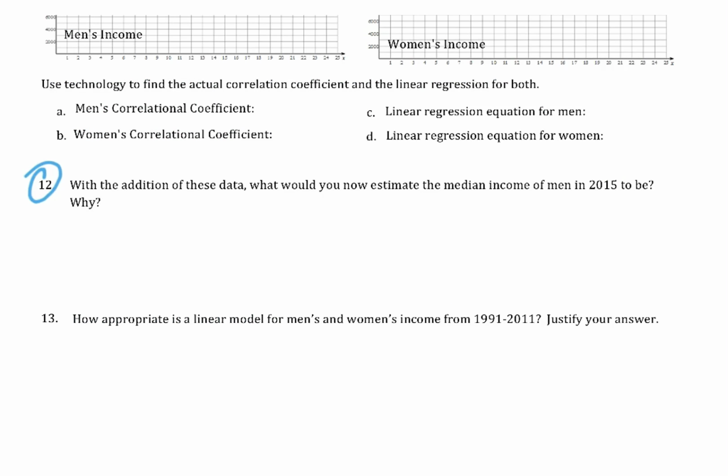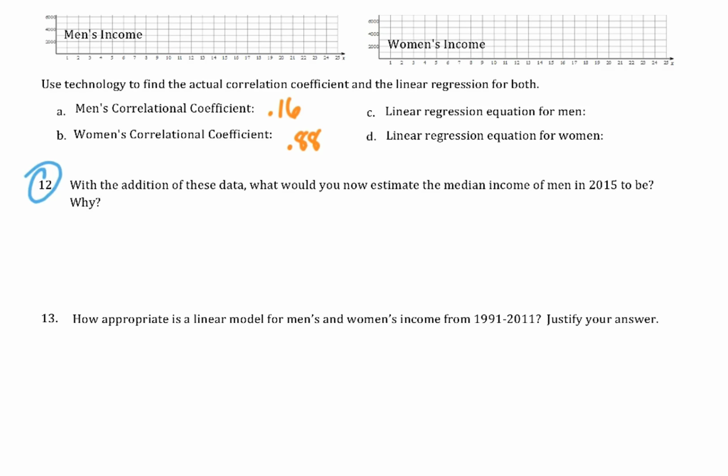All right, so we got those to be, the men's was 0.16 and the women's 0.88. So the women's is still fairly strong, but the men's now, that correlational coefficient makes it pretty weak, which tells us that data is pretty spread out.